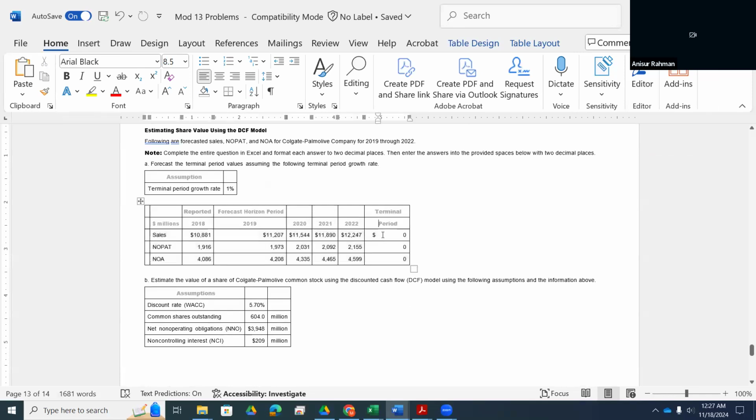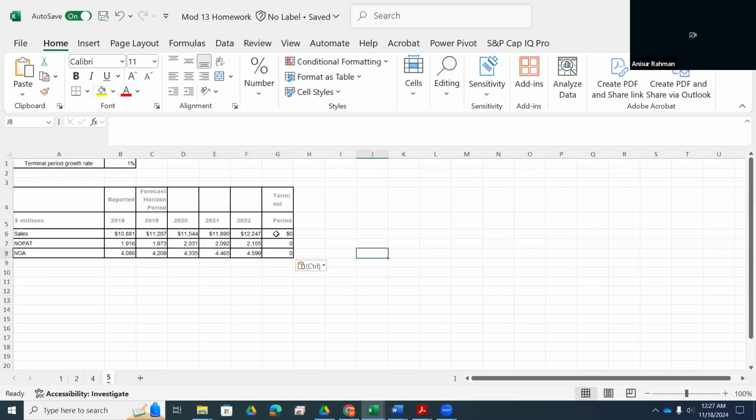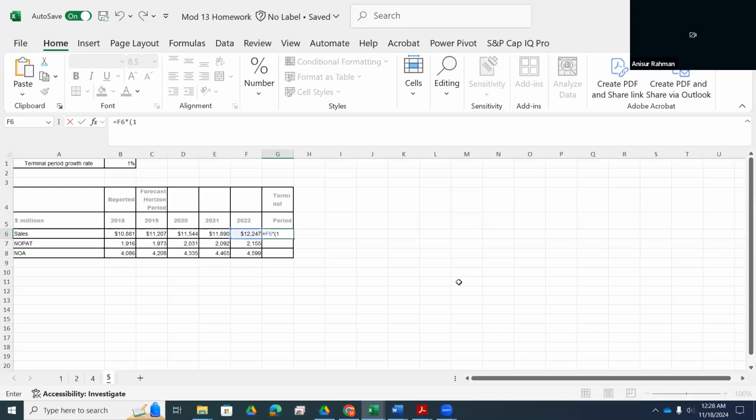So we have to find out the terminal period using this terminal period growth rate. So this is actually easy. So I deleted these number zeros. So our cells will be these times 1 plus this rate.